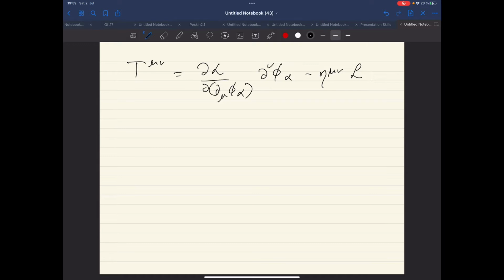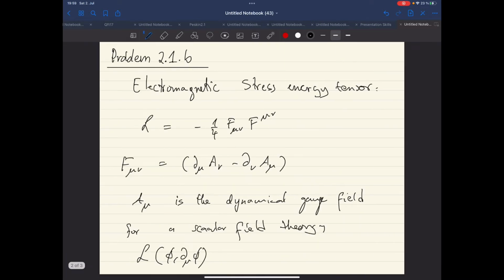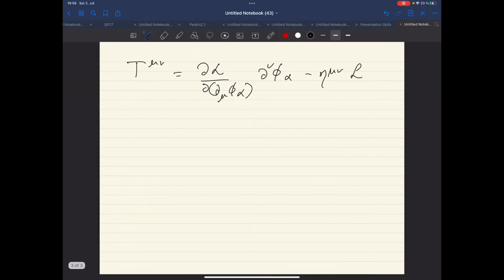So now we can apply this formula for our fields here, the Maxwell fields, but we have to notice that now A_μ is a vector in itself, so it also carries a space-time index, and so I have to use multiple indices when I derive the energy momentum tensor.